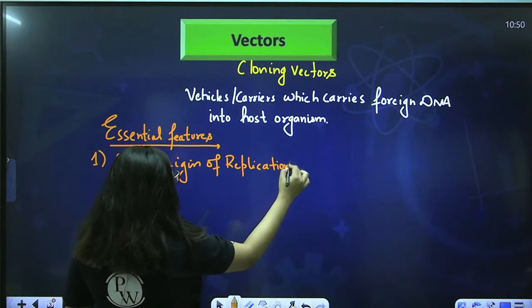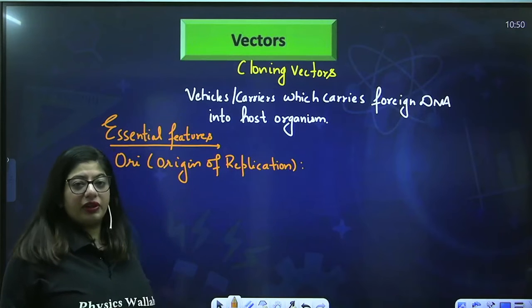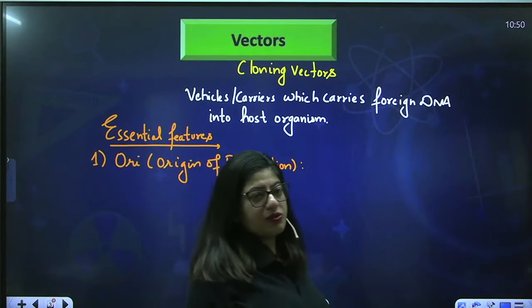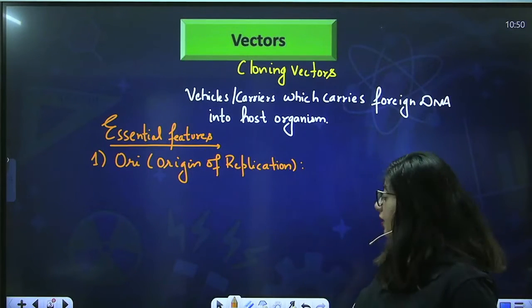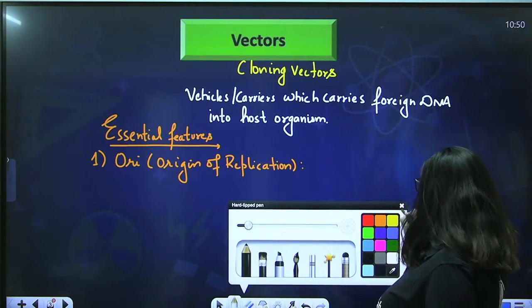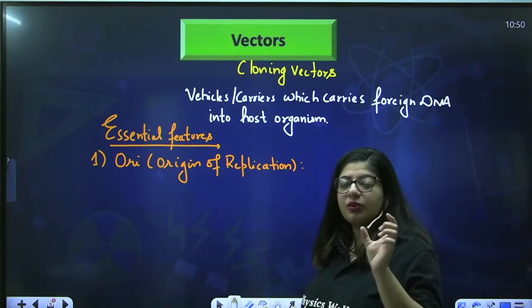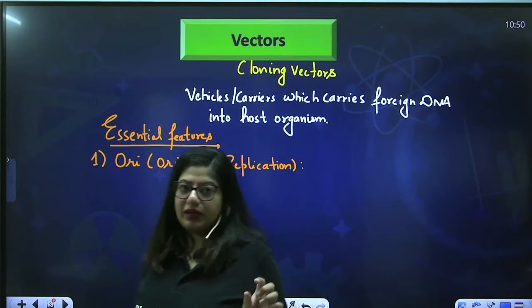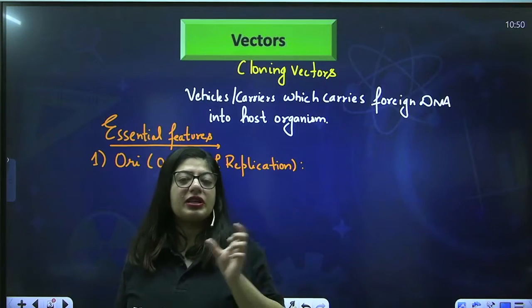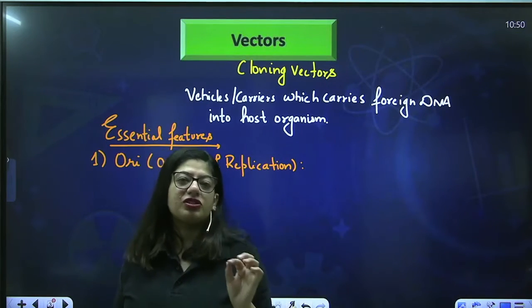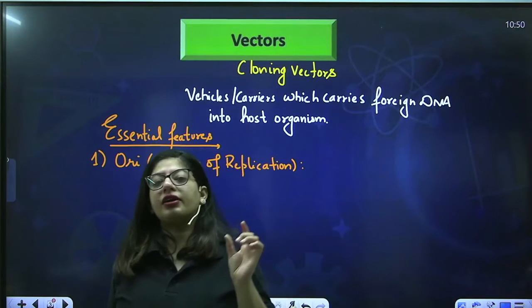If you have studied DNA replication in your botany section or in the chapter molecular basis of inheritance, you must have studied one sequence of DNA, that is origin of replication. These are some sequences of nucleotides that are very important if you want to start DNA replication.